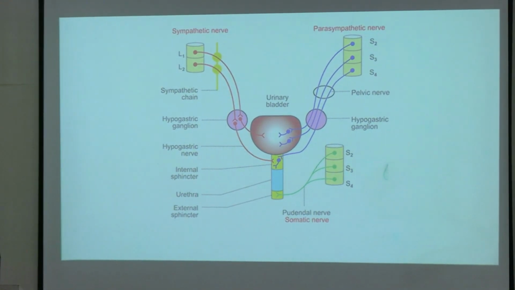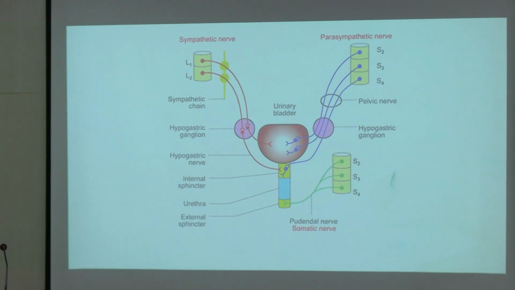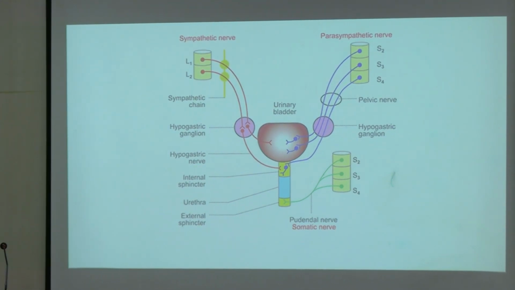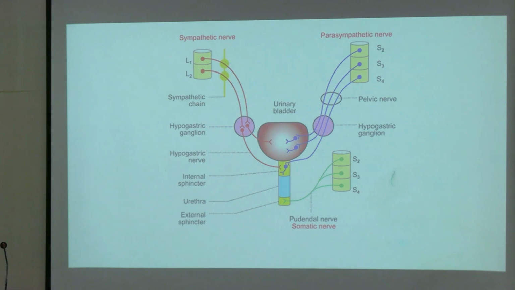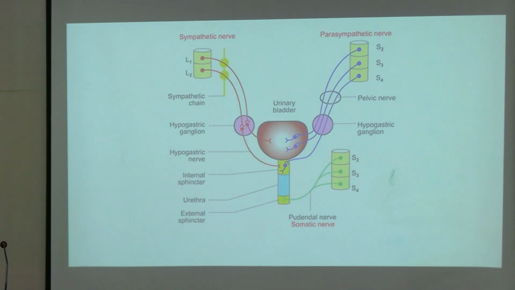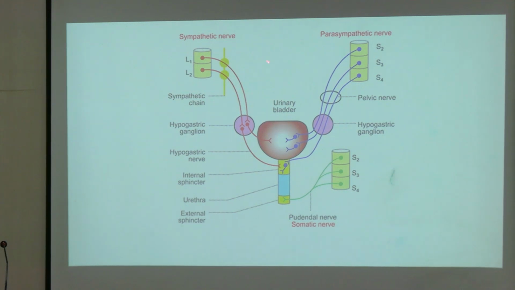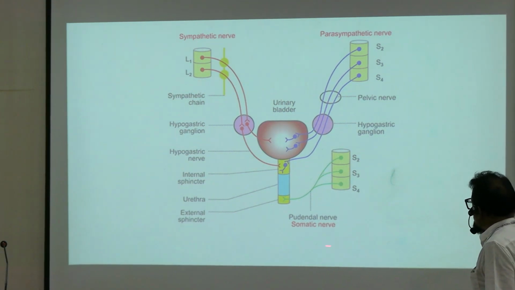Okay. It is not so complicated, very easy here. So if it comes, you can write this. No need of showing the afferent path, only the efferent path is shown here. So what are these? Pelvic nerve, this side is parasympathetic side, this is sympathetic side, and this is the somatic side.